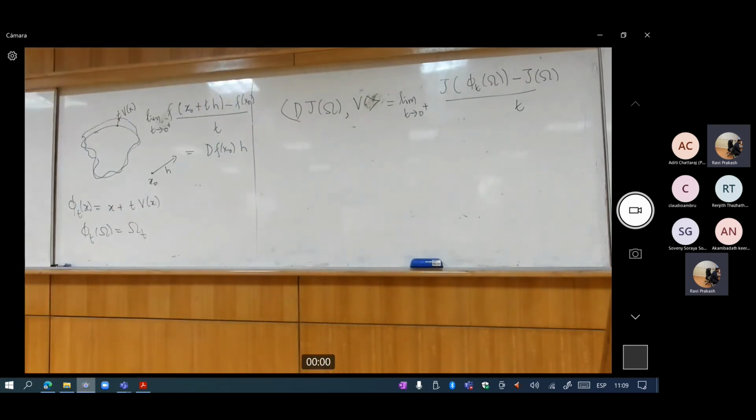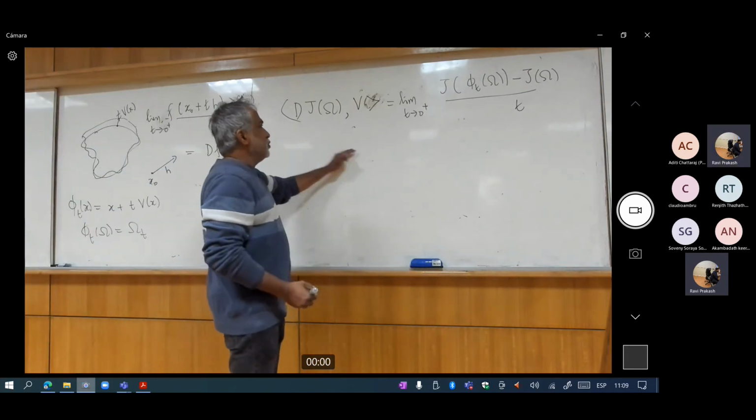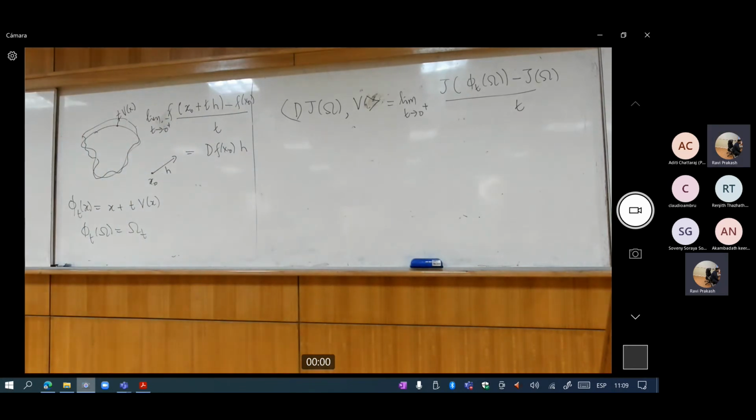You do not know for sure that this limit always exists. It will depend on the function j, the same way that for any function on the real line this limit may not exist. It has to be differentiable. So this limit has to exist. You have to show if it exists or not. These are some questions which you need to analyze. But if this exists, then it allows you to calculate variations of the function with respect to variations of the domain.